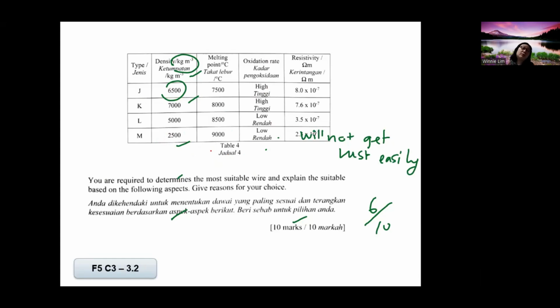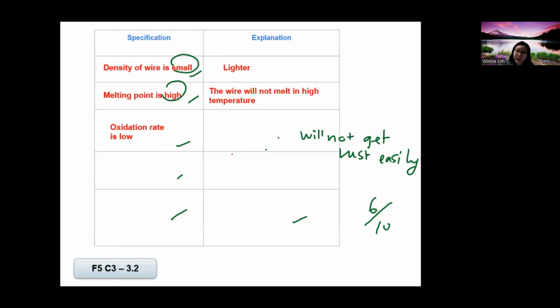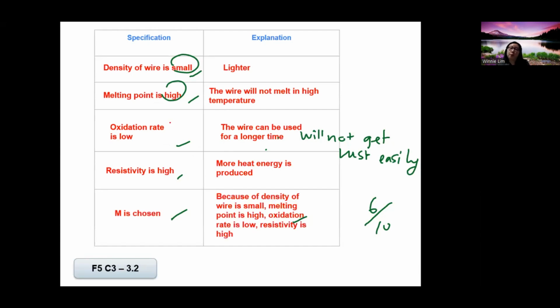If they give you a material, for example they say use nichrome, then you write nichrome. Why? Because high resistance, something like that. But number wise, you only describe high or low. This is called format. This is understanding how to answer. And you focus on M only. You talk about other wires, you didn't say that.